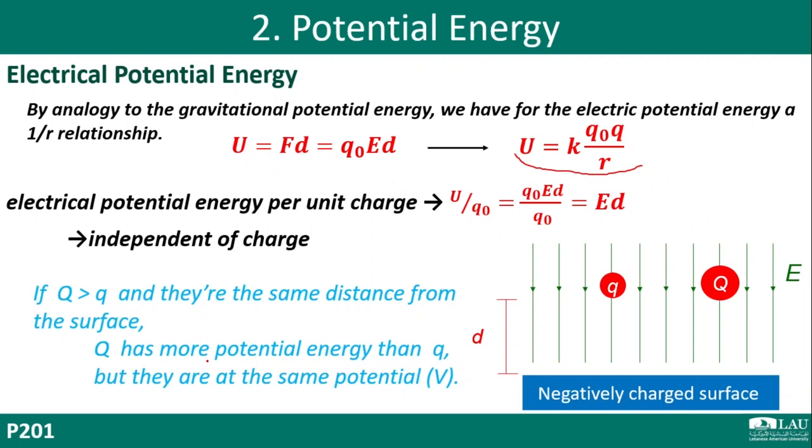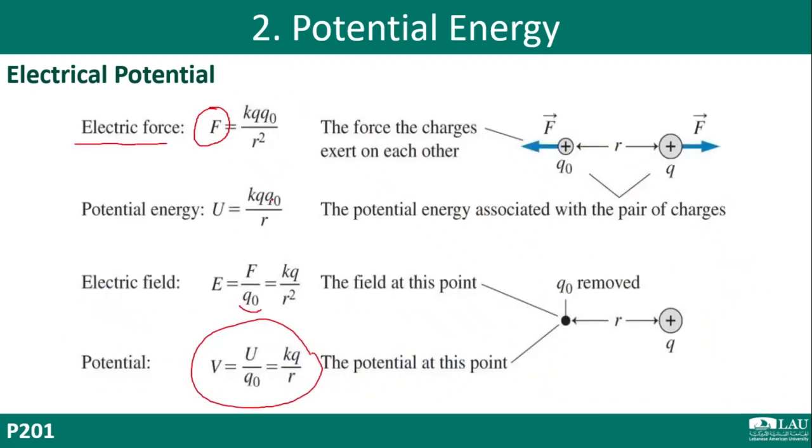Capital Q has more potential energy than small q, but they have the same potential V. As you can see here, the potential energy is a function of the charge, but the potential is independent of this test charge.